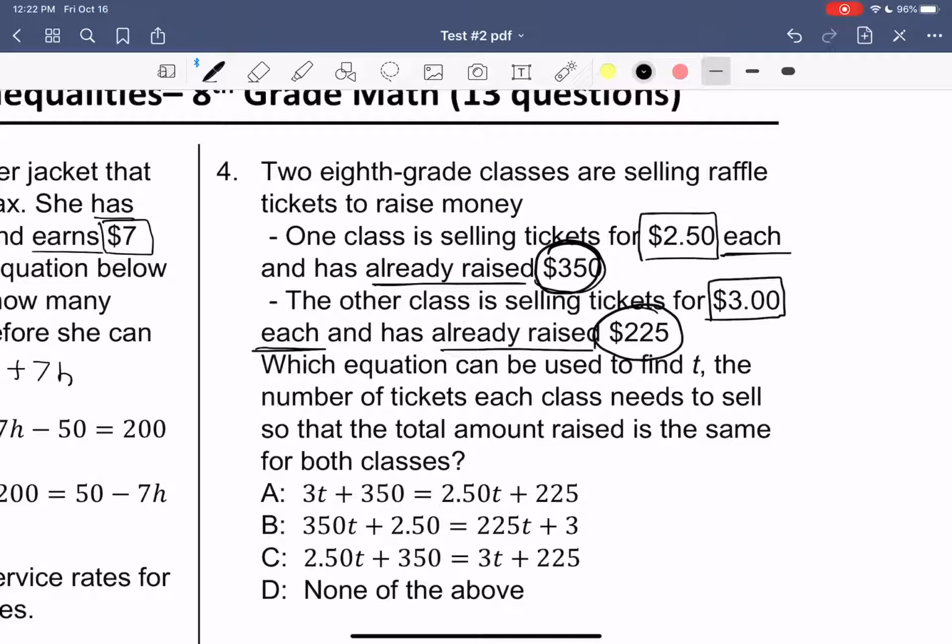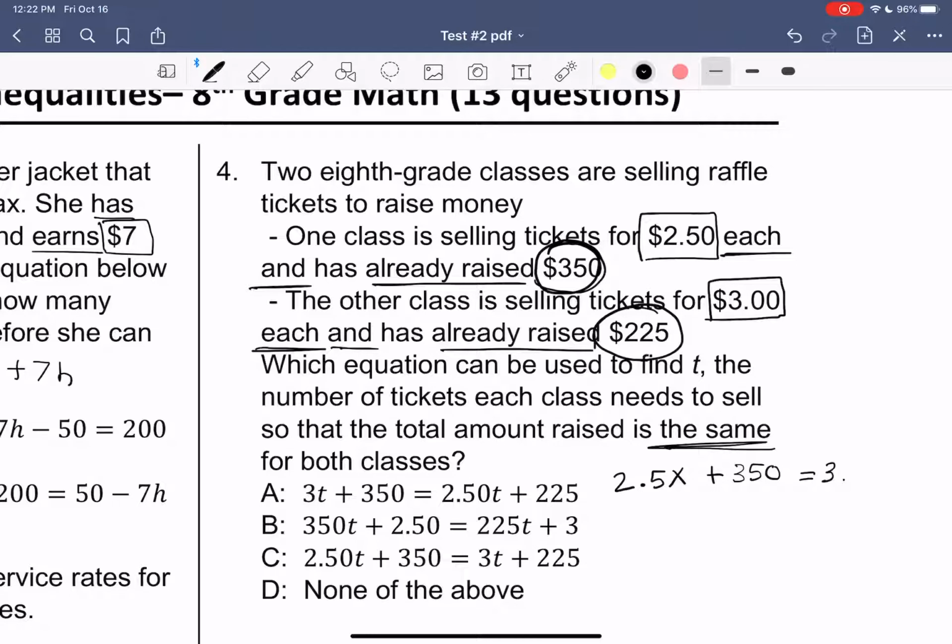Which equation can be used to find? So then we're looking for the classes to be the same. So we have one class that's going to be, I'm going to go back in and underline this and, which will tell us that we need to add. So 250x plus 350 equals $3 for the other class.